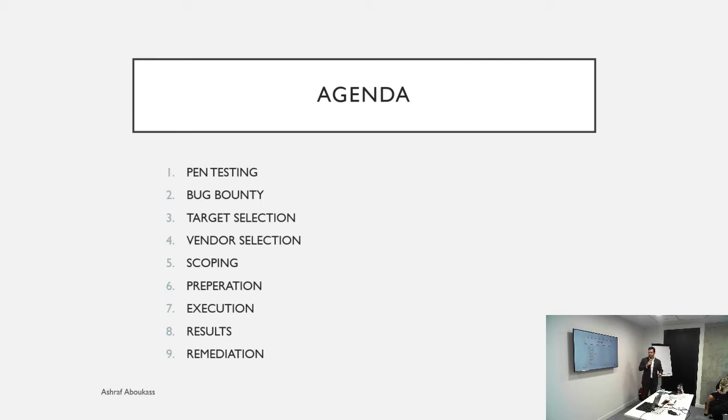A bit about bug bounty, how to do your target selection. Then vendor selection, scoping, preparation, execution, results and remediation. I wanted to give you an overview of all those areas because if you're going to run a penetration testing program, you're going to have to think about those areas and more. But very high level again, because there are quite a few areas there.